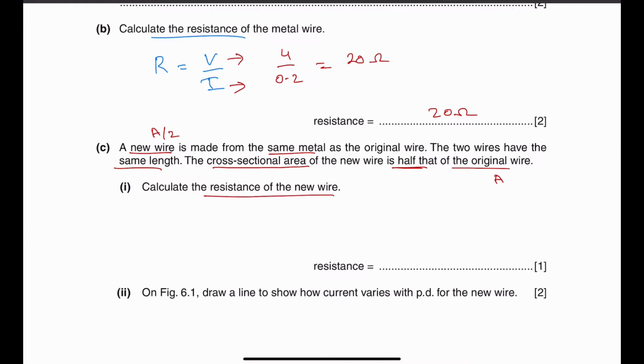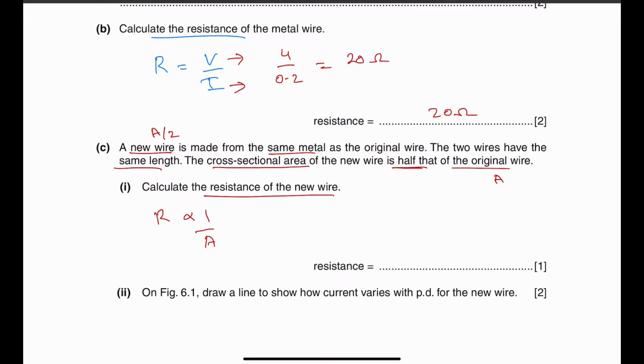Well, it's pretty simple. Resistance is inversely proportional to area. And what do you mean when you say two things are inversely proportional? It basically means that if one thing is reduced to half of its value, the other thing is going to be multiplied by 2. If area is divided by 3, the resistance is going to be multiplied by 3.